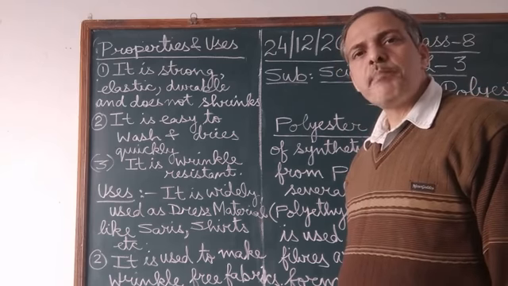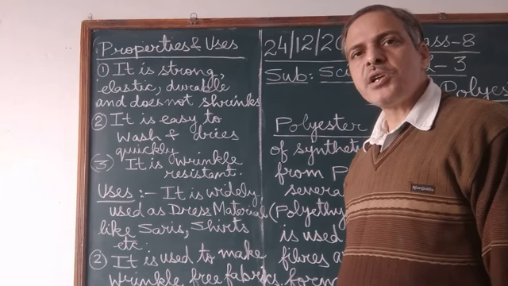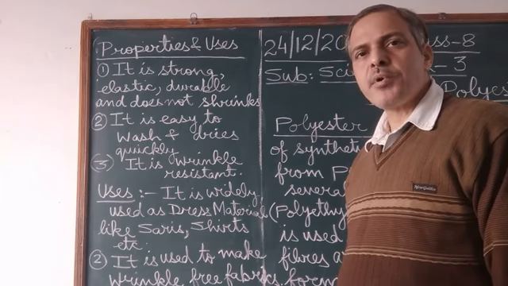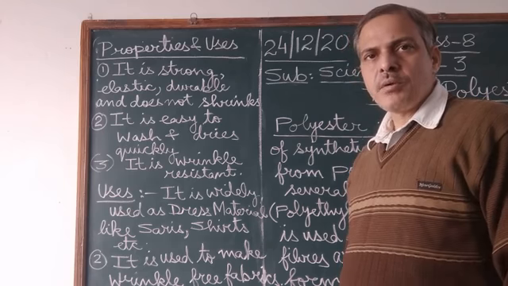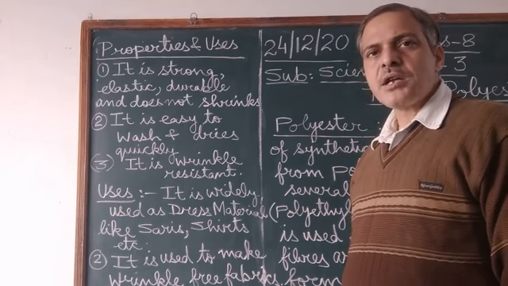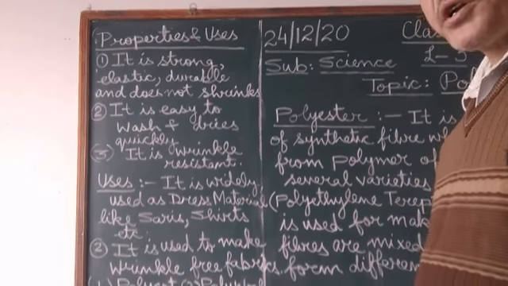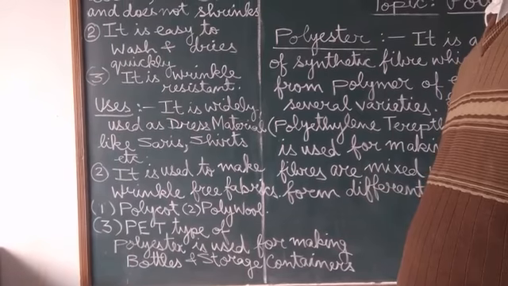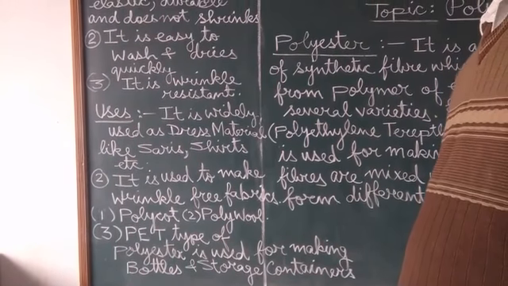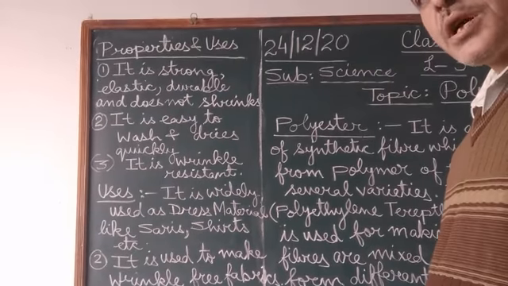Besides this, the PET, that is polyethylene terephthalate variety of polyester fibers, are used for making storage containers, as well as water bottles, which you all are seeing.